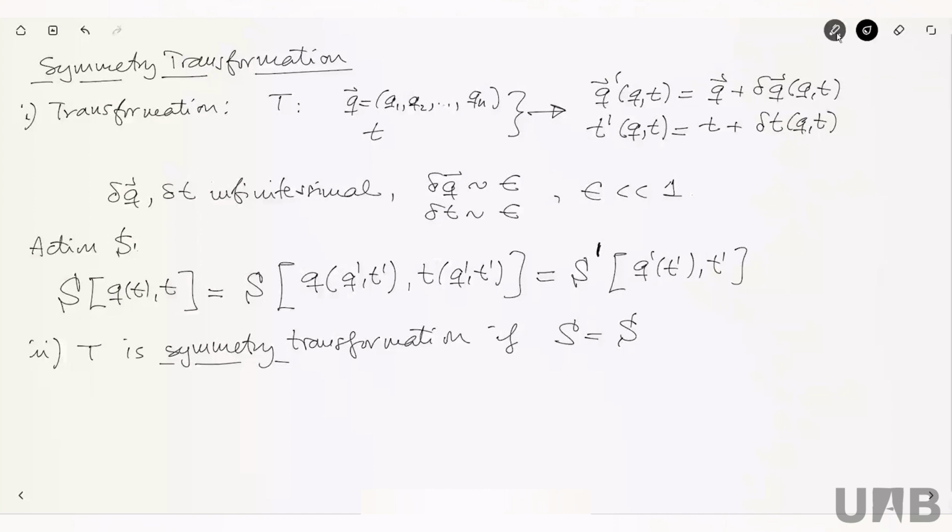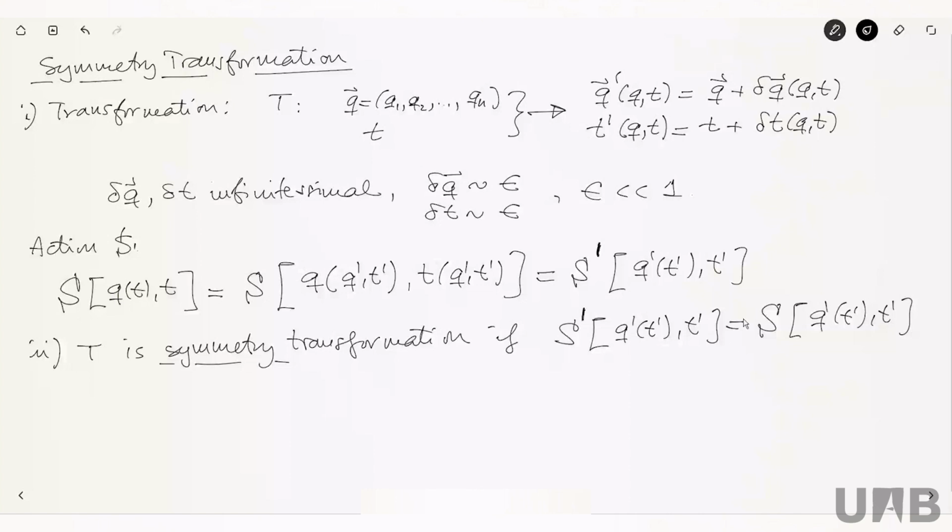If S prime equals S, so if you wish, let me just put all the dependencies: q prime, t prime, t prime. The functional dependence is the same. So the form of the action does not change, okay?